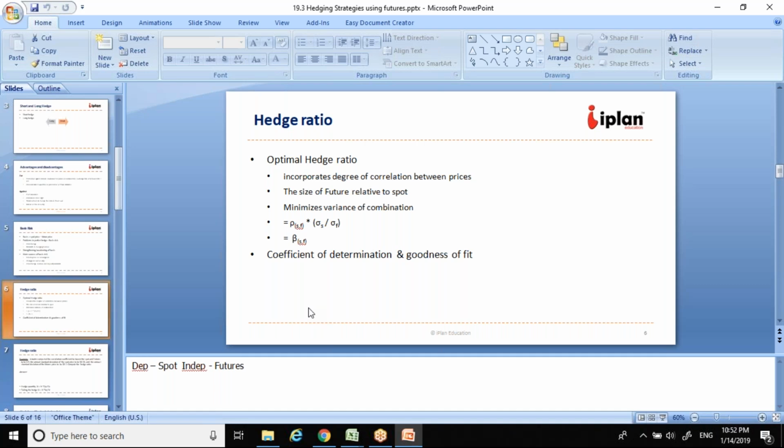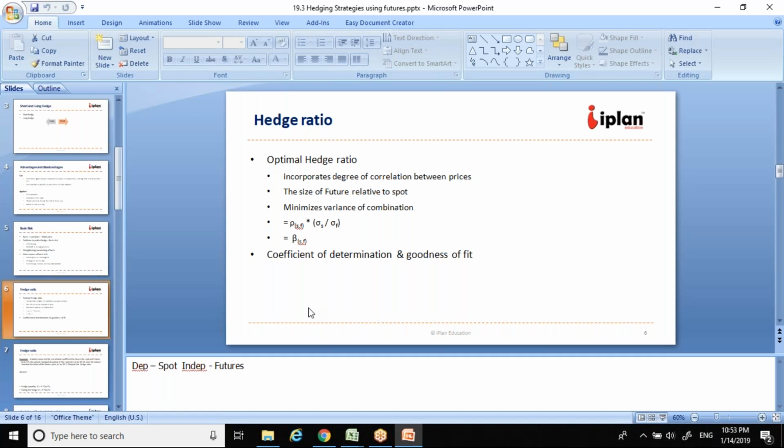So let's suppose we have TCS share, we have TCS future, but the future contract of TCS and the TCS shares itself do not have 100% correlation. In this situation, we have to determine the hedge ratio. Based on the hedge ratio, we will increase or reduce the number of shares along with the contract.